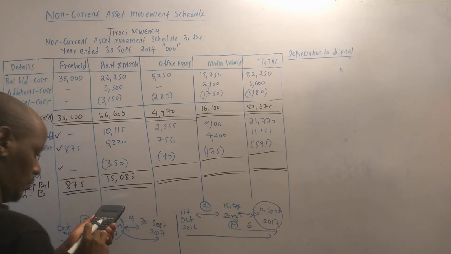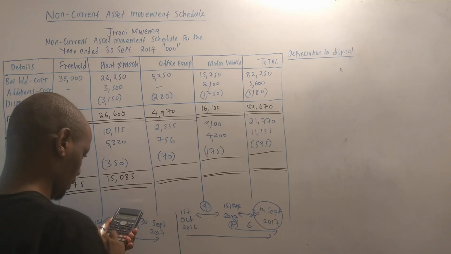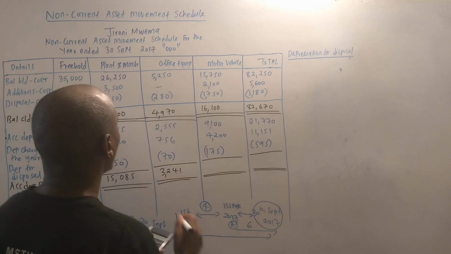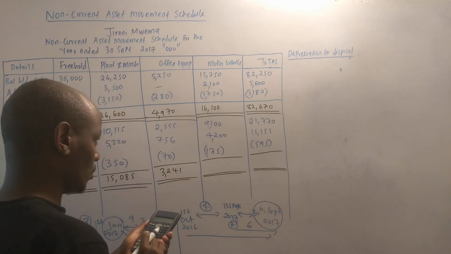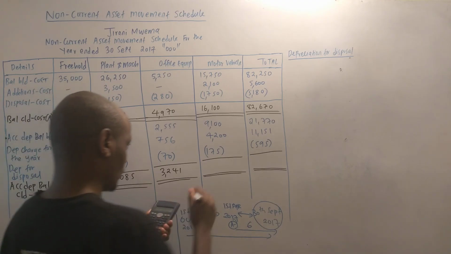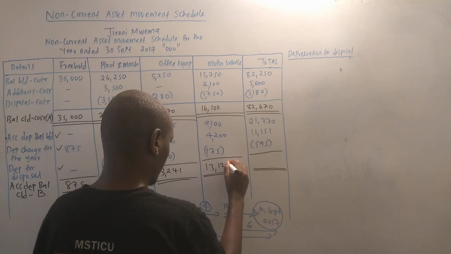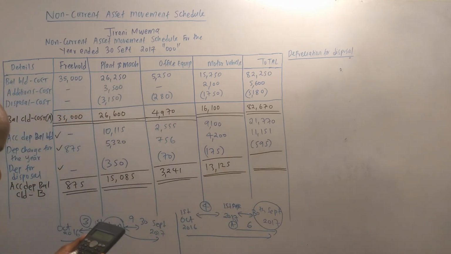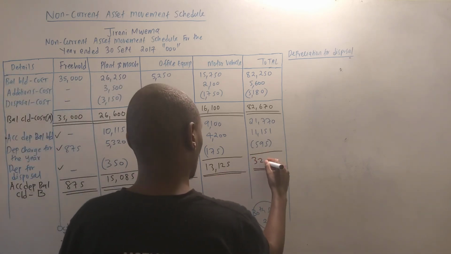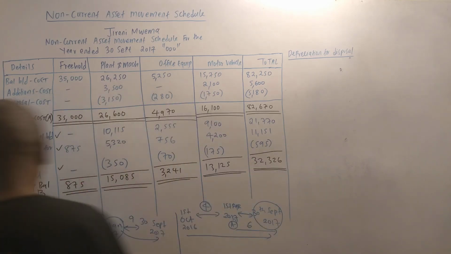Then 255 plus 756 minus 70, that is 3,241. Then 9,100 plus 4,200 minus 175, that is 13,125. So 13,125 plus 3,241 plus 15,085 plus 875 is 32,326. Now you can get the net book value.